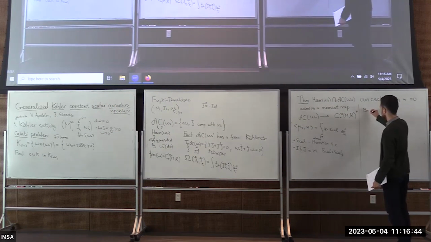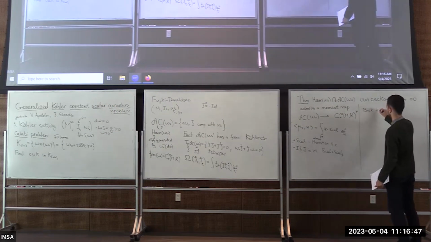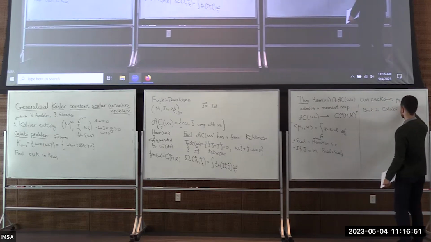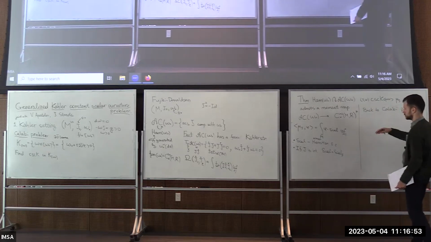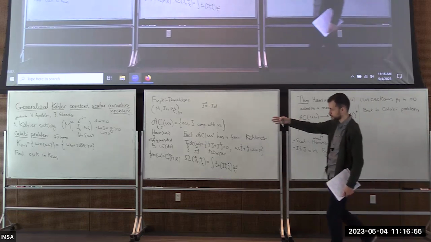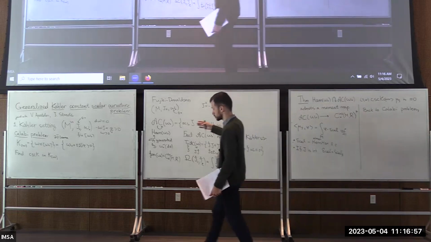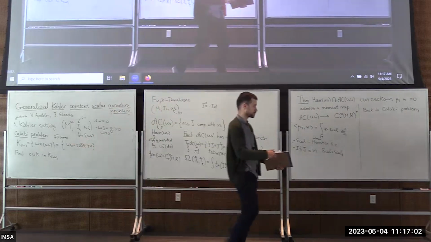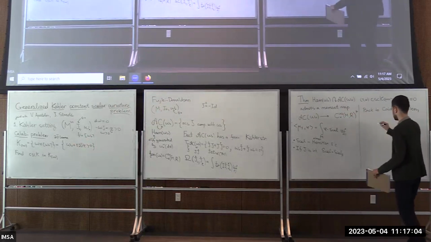Back to the Calabi problem. How this automorphism action on the space of almost complex structures is related to this Kähler cone. It turns out that there is a very nice geometric relation. So let me try to draw a picture of it.